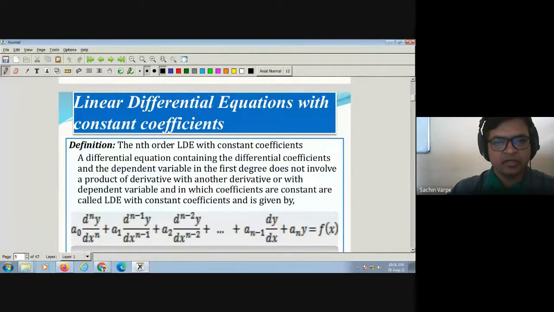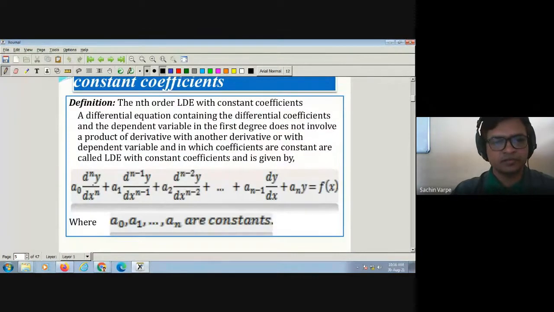That is, nth order linear differential equation with constant coefficient is given by this, where the terms in the differential equation are such that there should not be the product of two derivatives. There should not be a product of dependent variable and its derivative, isn't it? And throughout the degree must be one.